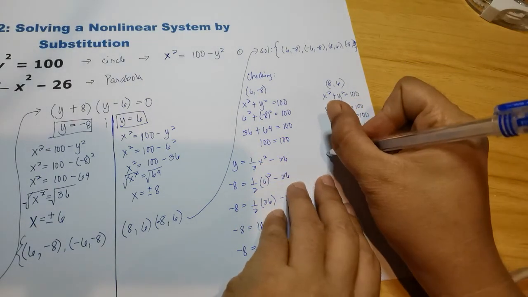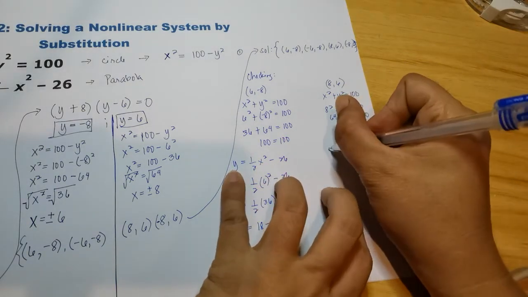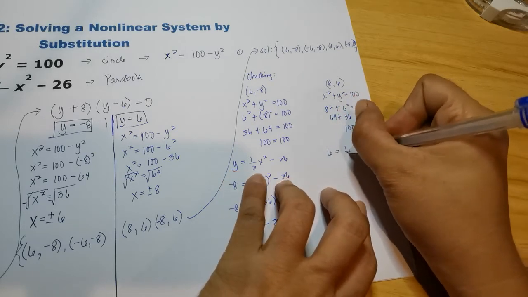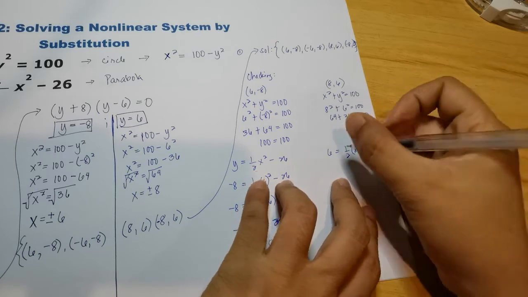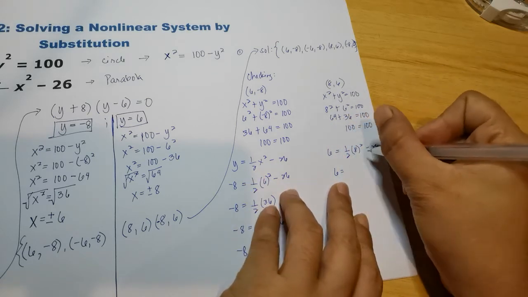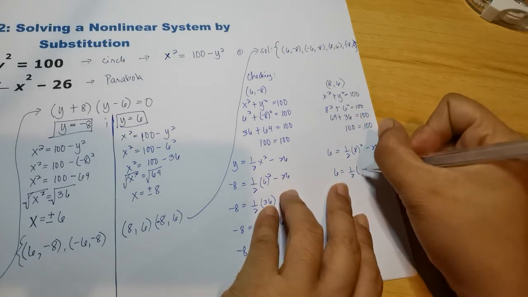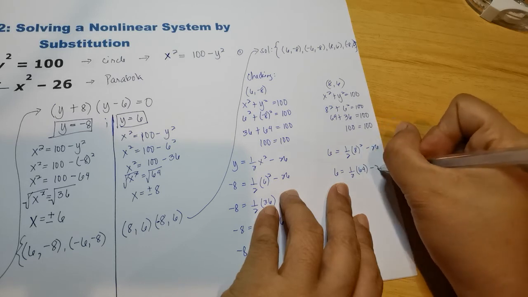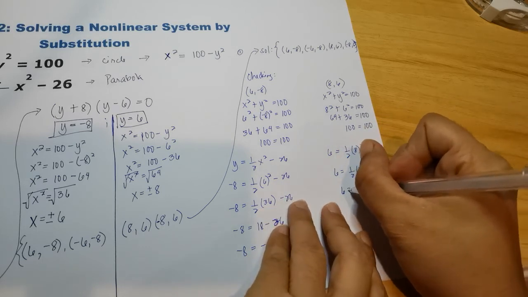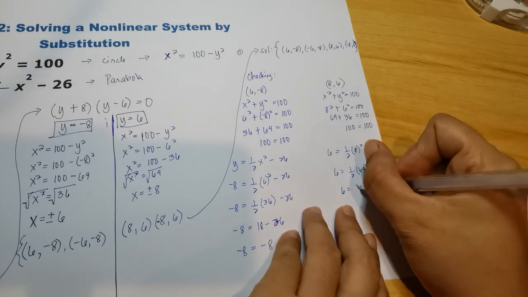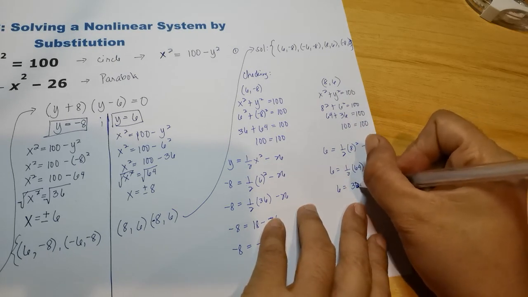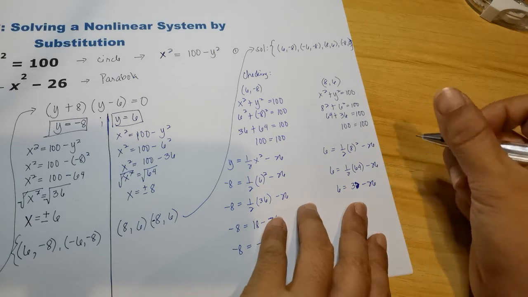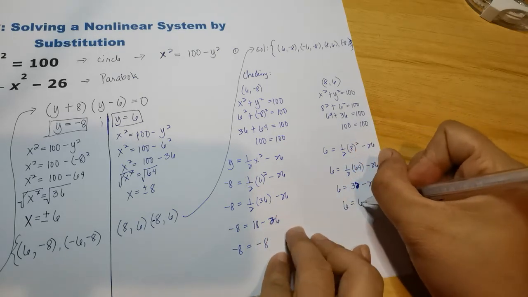And so we have here our y is 6 equals 1/2 of 8 squared minus 26. So 6 is equal to 1/2 of 64 minus 26. 6 equals 1/2 of 64 is, ay, 32 pala. 32 minus 26. So 6 is equal to 6.